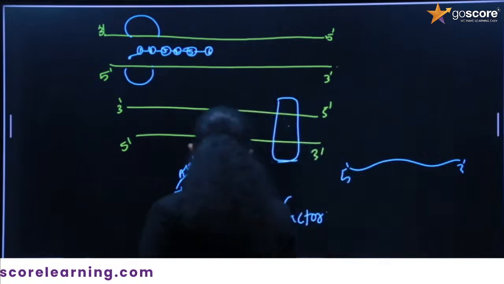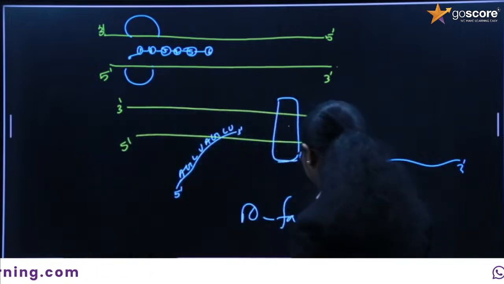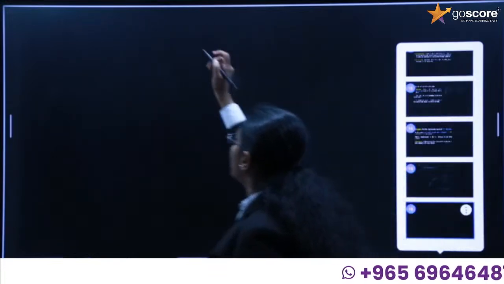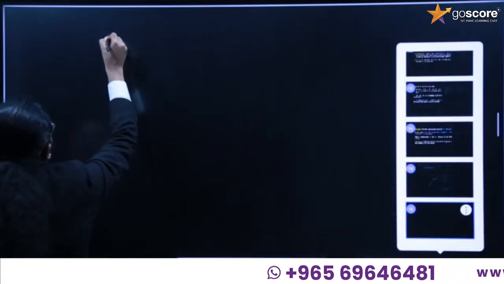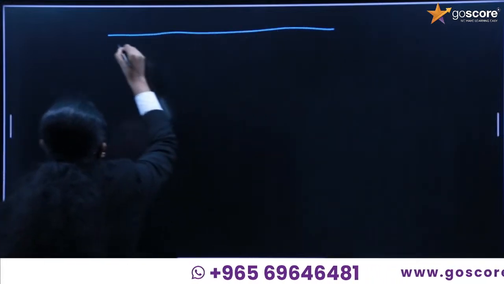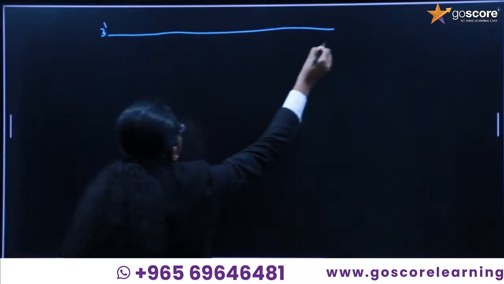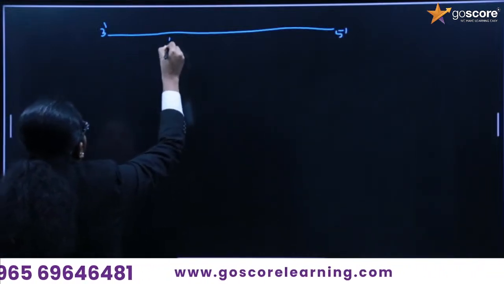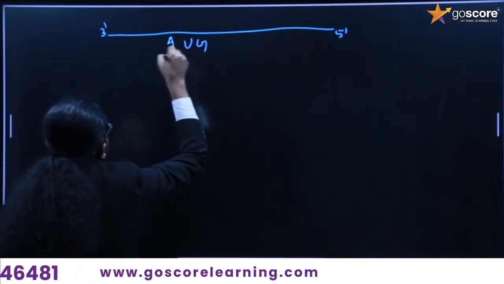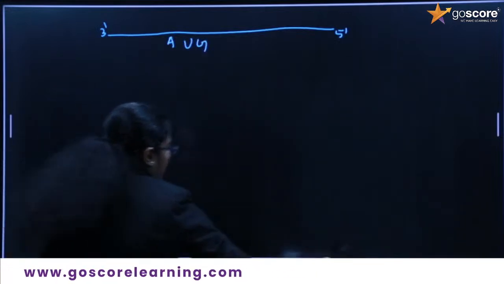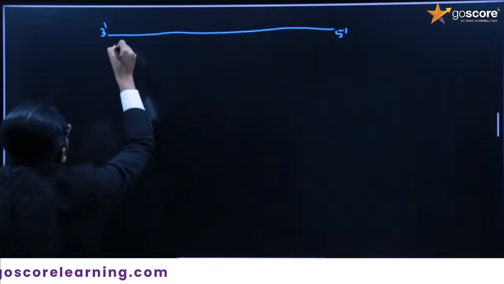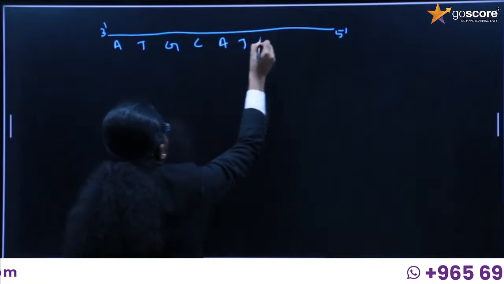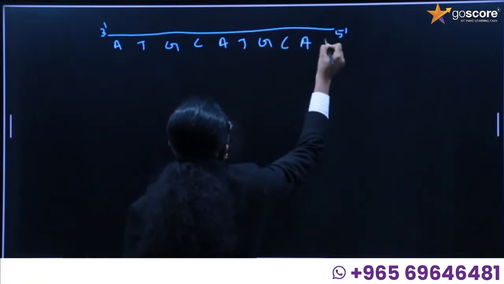Dear students, again I'll write another one on a plain slide. We have seen that this is the 3 prime end and this is the 5 prime end. So we can write, not AUG, just adenine, thymine, guanine, cytosine, adenine, thymine, guanine, cytosine, adenine, thymine.